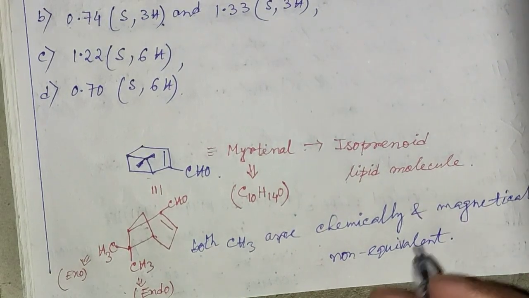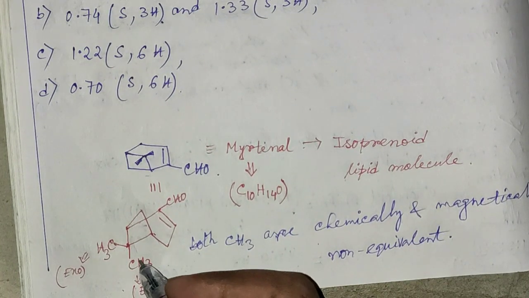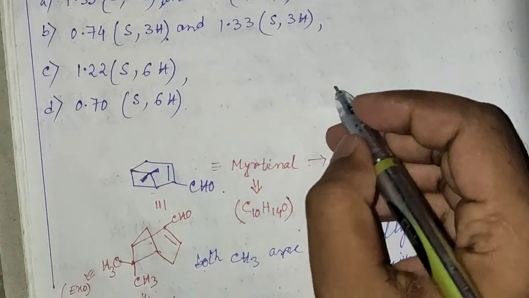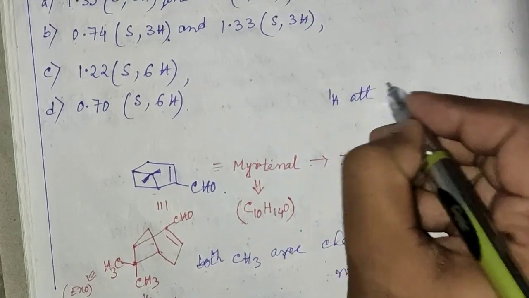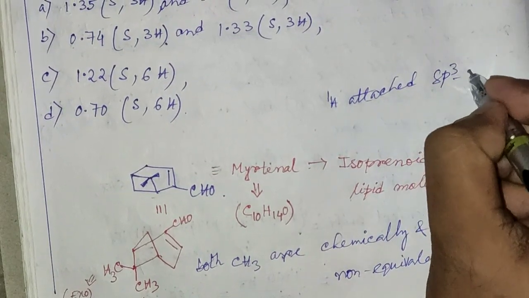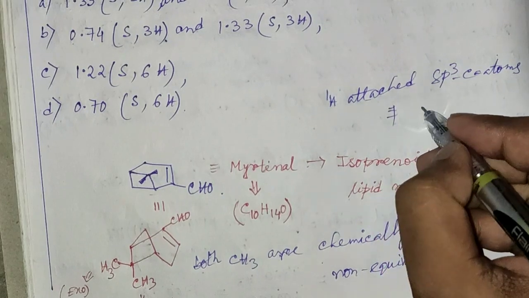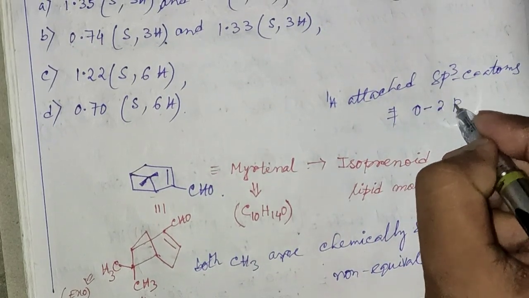At first I have given some 1H NMR chemical shift values, from where we observed that the proton, the hydrogen atom attached to sp3 carbon atoms, appears in proton NMR within 0 to 2 ppm.